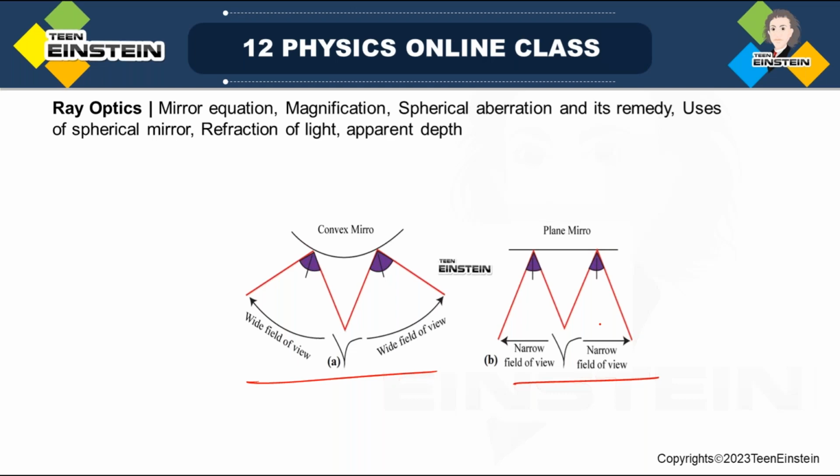And parabolic mirrors are used in astronomical telescopes of large aperture for overcoming spherical aberration. Let me just write it.